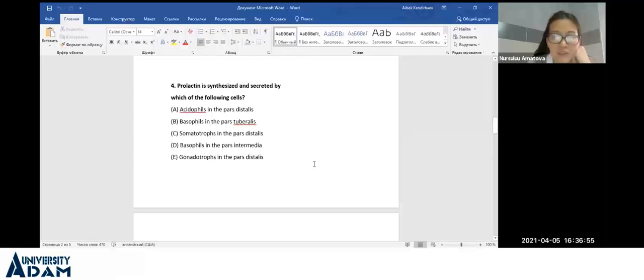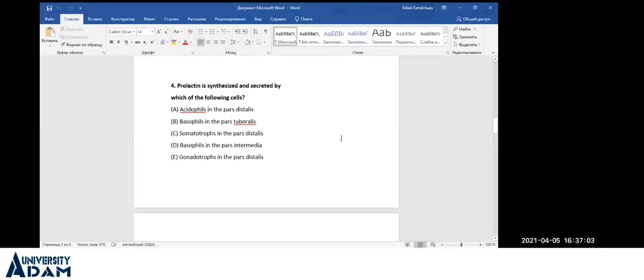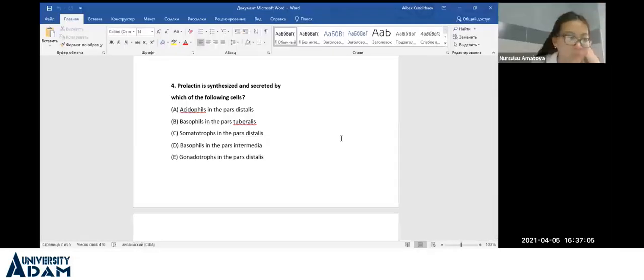Prolactin is synthesized and secreted by which of the following cells? A, acidophils in the pars distalis; B, basophils in the pars tuberalis; C, chromophobes in the pars distalis; D, basophils in the pars intermedia; E, gonadotrophs in the pars distalis.